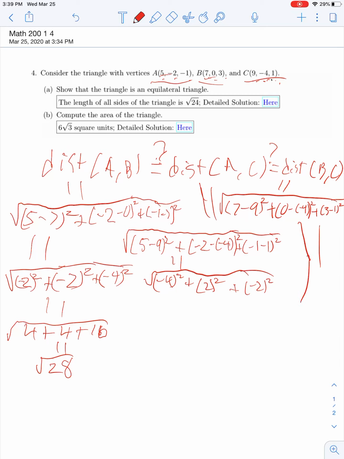And then this guy right here is going to be equal to negative 2 squared plus 4 squared plus 2 squared.